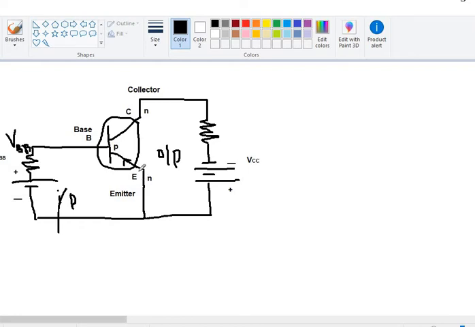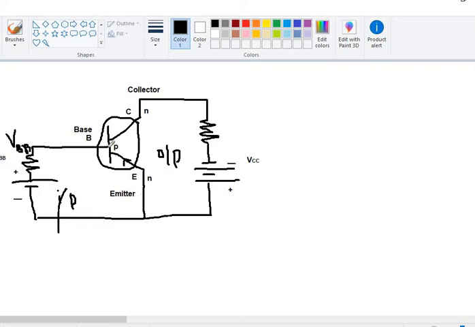In this case, the emitter is put into the ground, which means it is a terminal that is included in the input side as well as at the output side, right?